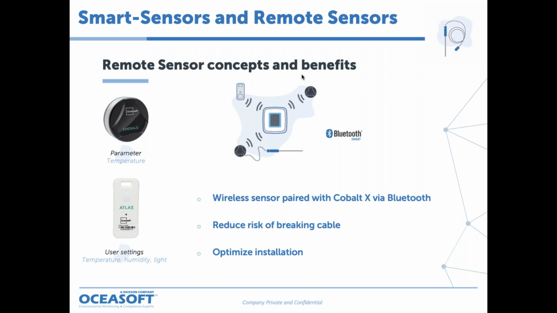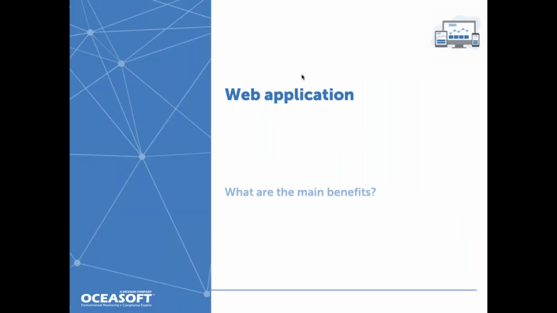Again, our goal with the OCEAView solution was really to improve as many aspects as possible, both in terms of hardware and software. So why don't we have a closer look at the OCEAView web application, which is the last but not the least major benefit of this solution.